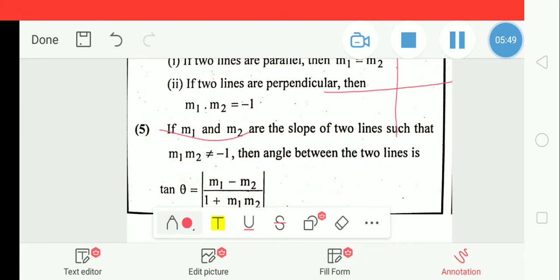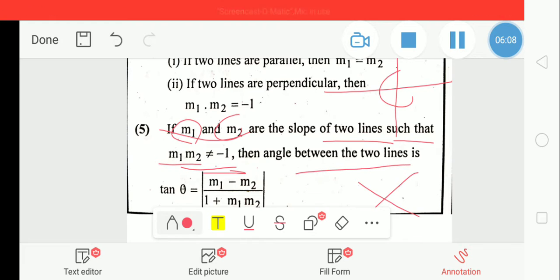m1 and m2 are the slopes of two lines, such that m1 m2 is not equal to -1. वो इंटरसेक्ट हो रहे हैं बट नॉट अ परपेंडिकुलर, नॉट अ परपेंडिकुलर मीन्स नॉट इक्वल टू -1.